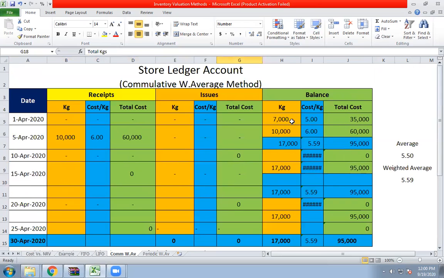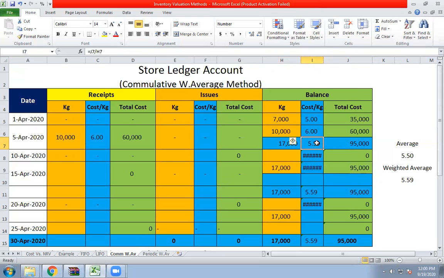You see, we had 7,000 kg in inventory having a cost of 35,000. Then we purchased 10,000 having a cost of 60,000. We will add these costs making a total of 95,000. We'll add these kgs making a total of 17,000. Then we shall divide this 95,000 by 17,000 and we get a cost per kg of 5.59.